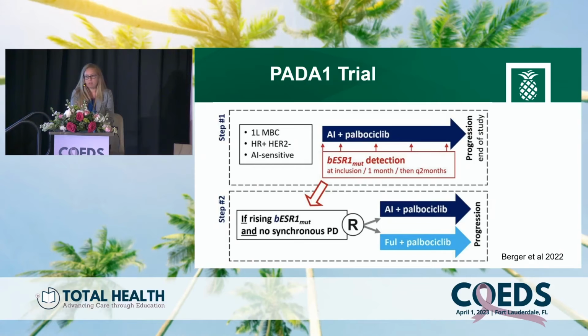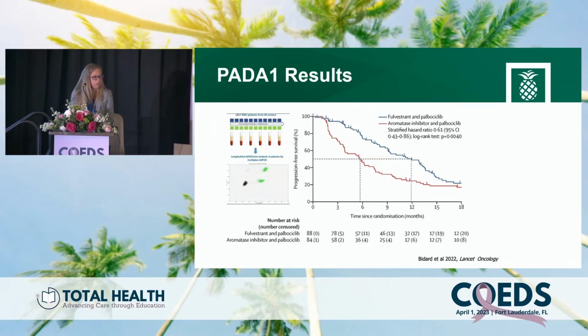If they developed a new or rising ESR1 mutation without evidence of progression of disease, they were randomized to continuing their AI plus palbociclib or changing to fulvestrant plus palbociclib. The results did show a progression-free survival benefit from the switch, with a hazard ratio of 0.61.